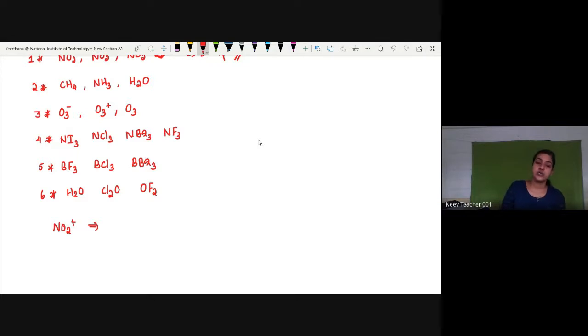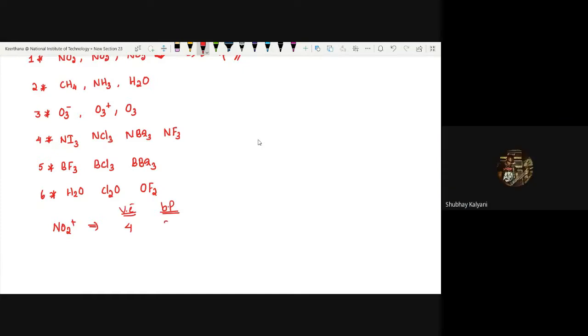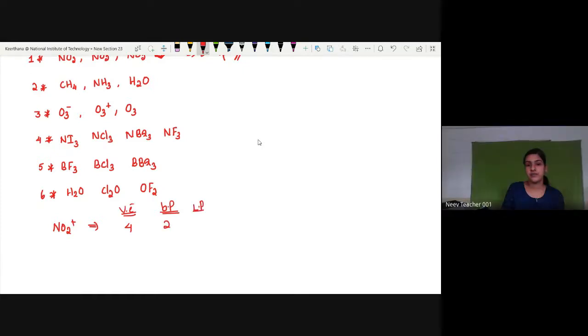Valence electrons 4, bond pairs 2, lone pairs 0, total pairs 2. So the geometry and shape are both linear. Linear means 180 degree bond angle.